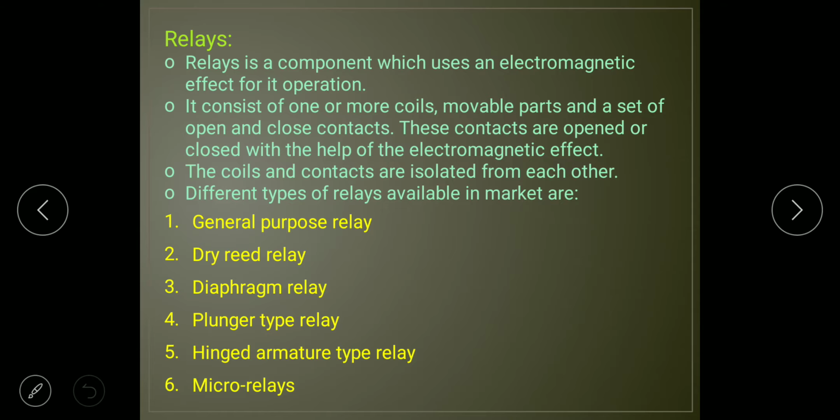The different types of relays available in the market are: first, the general purpose relay; second, the dry reed relay; third, the diaphragm relay; fourth, the plunger type relay; fifth, the hinged armature type relay; and sixth, the micro relay. So first is the general purpose relay.